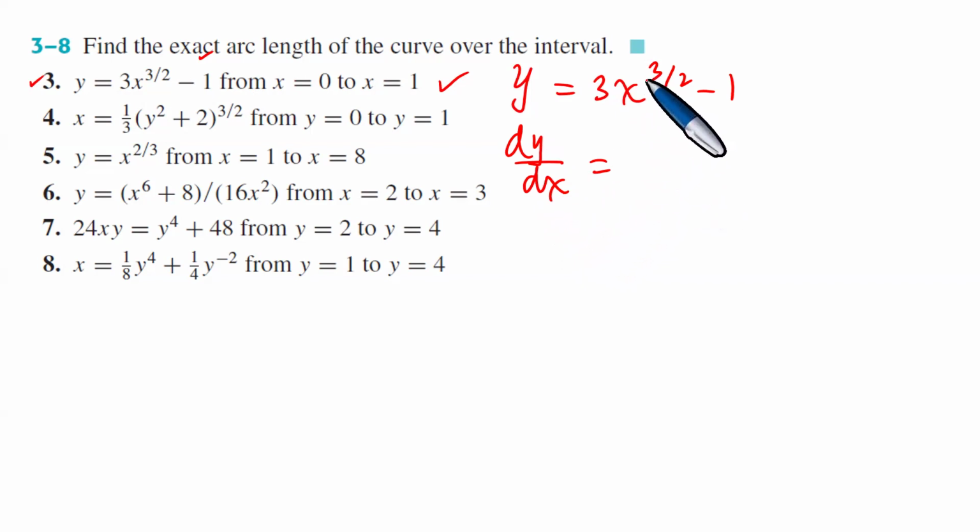And then you differentiate this one, you bring down the 3 over 2. 3 by 3, it's 9 out of 2, x to the 1/2.